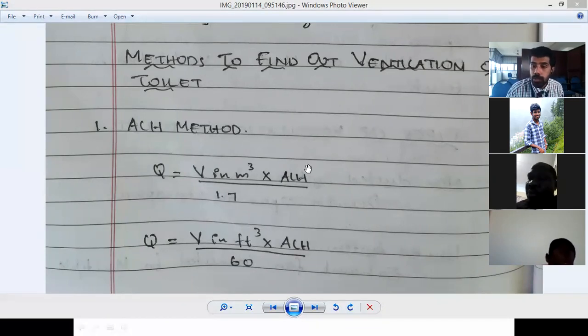For a public toilet, it is 15 ACH. So when you are giving a value for ACH here, if it's a private toilet, just multiply with 10. If it's a public toilet, just multiply with 15.